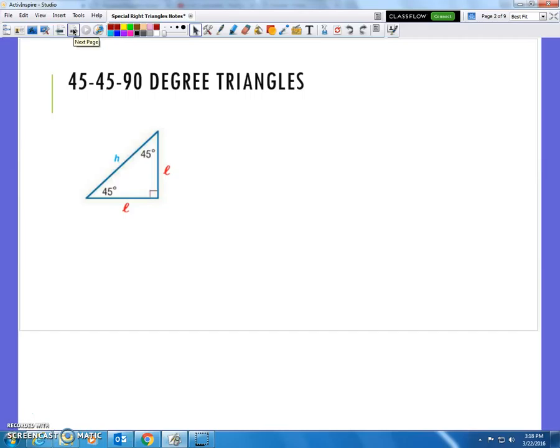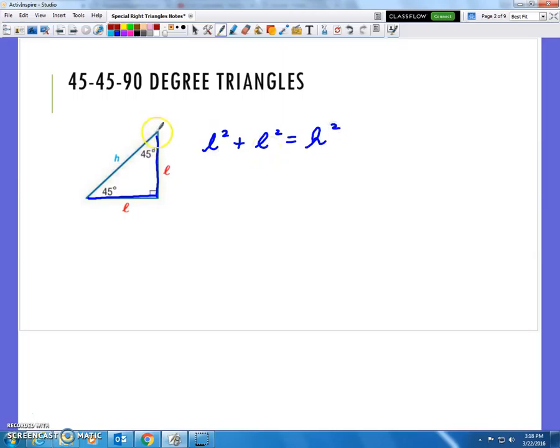All right, so what we have here is a 45-45-90 degree triangle, and of course it follows all the rules of other right triangles as far as the Pythagorean theorem is applicable to it. So if I were to make a little Pythagorean theorem statement, I could say that L squared plus L squared should equal the hypotenuse squared, or the leg squared plus the leg squared equals the hypotenuse squared.